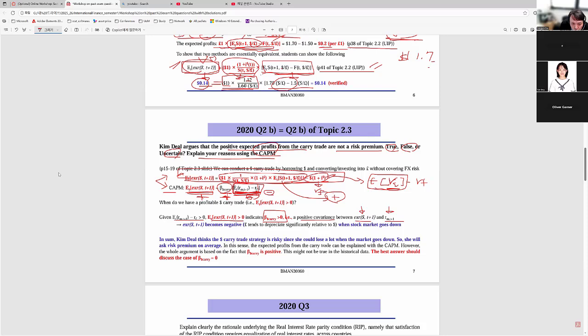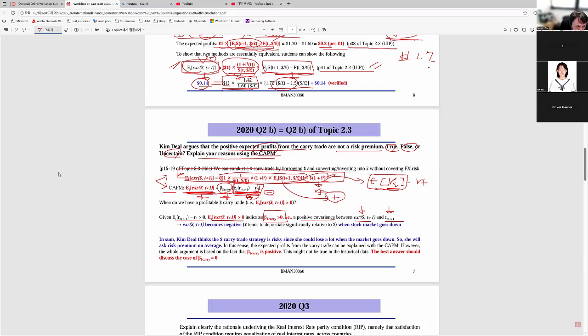So you hate to experience the downturn. If your asset gives you lower return during the bad time, you don't feel very well. So you feel investing into that asset is really risky. Before investing into that asset, you're going to ask for some premium. That's how we use CAPM to understand the positive profit of implementing carry trade using positive beta.